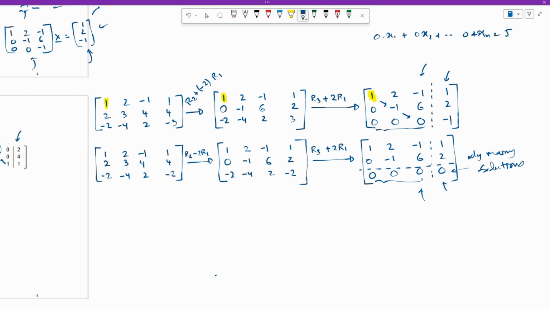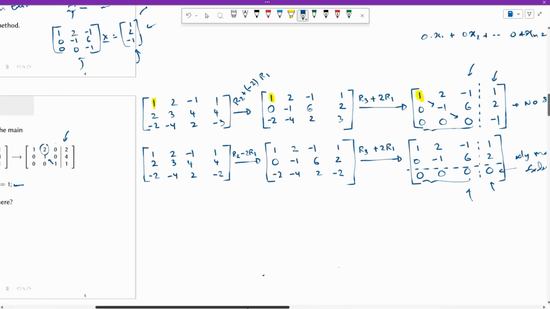There is no solution. There are no numbers x1 to xn that you can choose that will satisfy this. That means this is an example where you have no solution. So this is essentially to demonstrate that if you do Gaussian elimination, it will show you the nature of the solution that you have for the system of equations that you have.